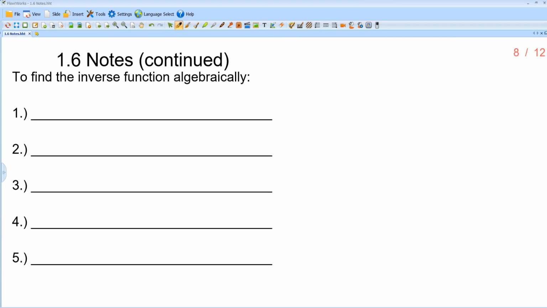So algebraically, let's say I want to find an inverse. So earlier in the notes, I just said, hey, it's going to be x minus 4. But how do we actually find that? The first thing that we want to do is isolate f of x, if it's not already isolated. So isolate f of x and call it y.